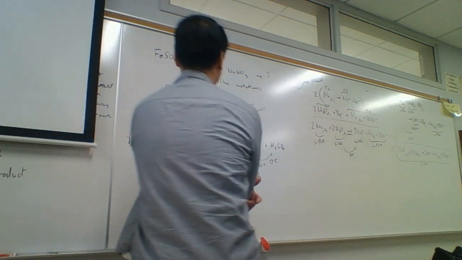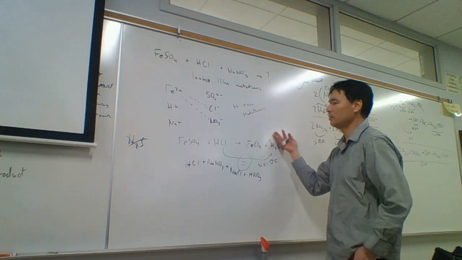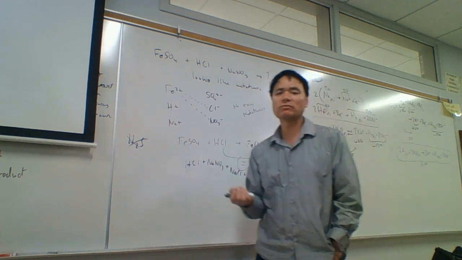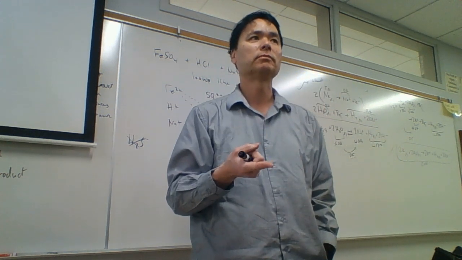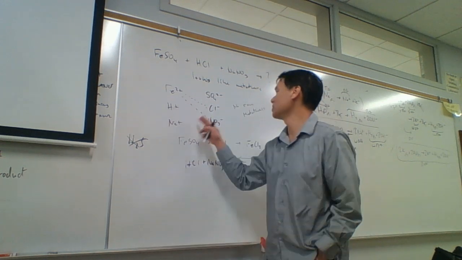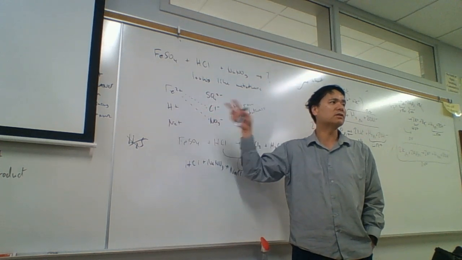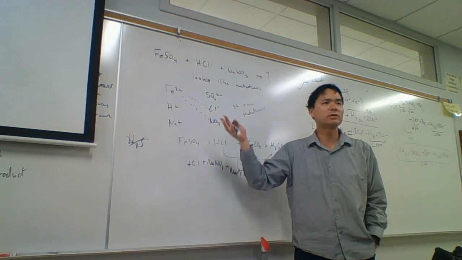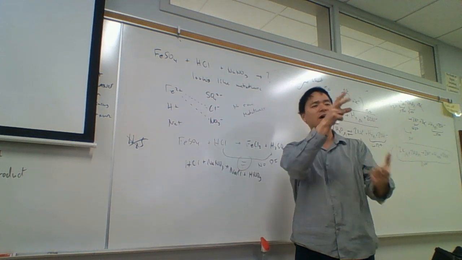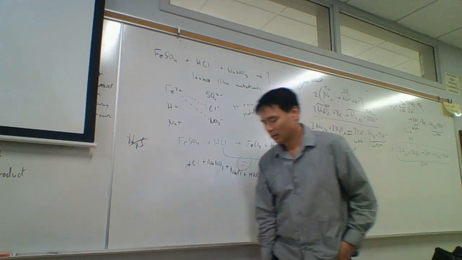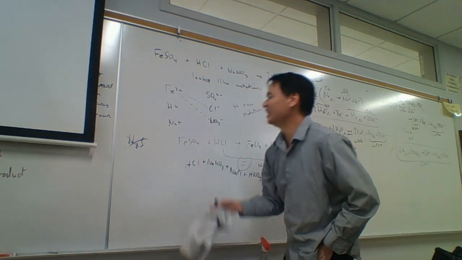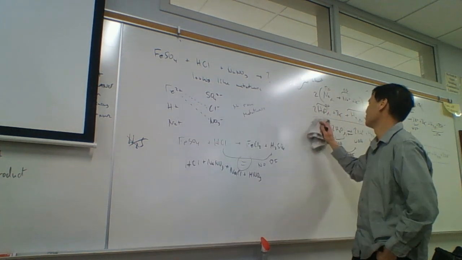So actually, we go through this, and there's no reaction for metathesis. If there's no reaction for metathesis, then what do I do? I try all the combinations and see there's no driving force. That's metathesis. You try all the combinations. Double replacement is just because we have a certain number, but sometimes we've got to do triple replacement, quadruple replacement.